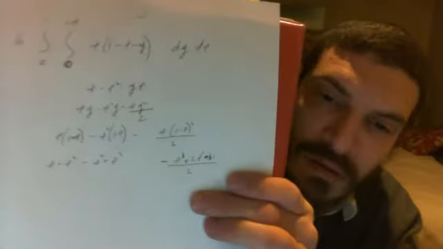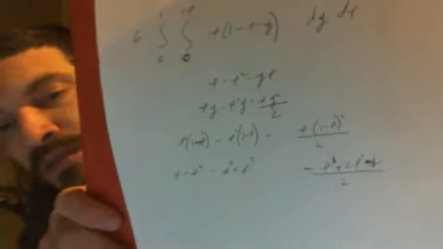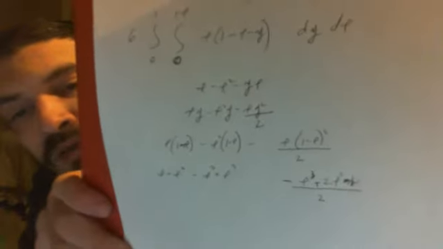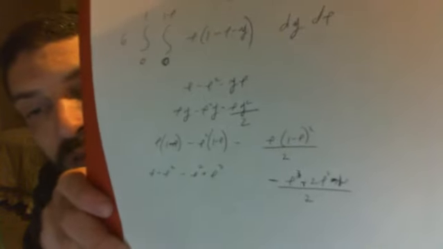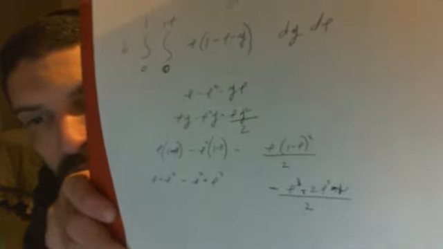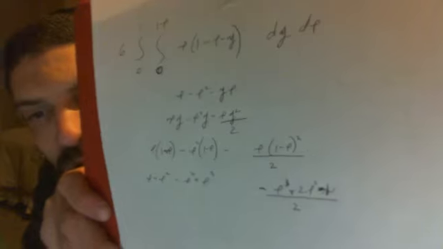Finally, I got this line here: x minus x squared minus x squared plus x cubed minus x cubed plus 2x squared minus x over 2.